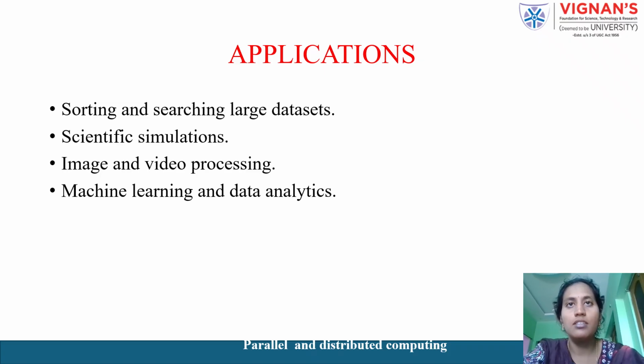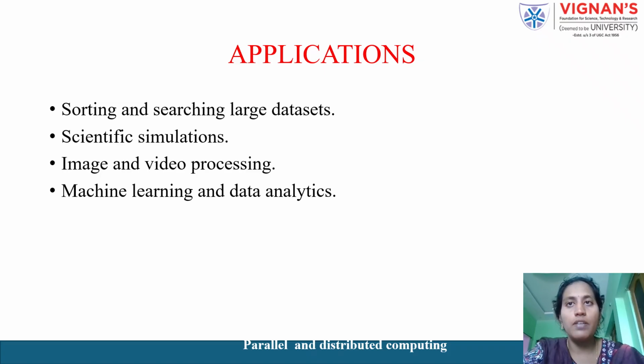The next one is scientific computations. Complex physical and mathematical models are broken into smaller computations that can be solved simultaneously to reduce the execution time. The next one is image and video processing.